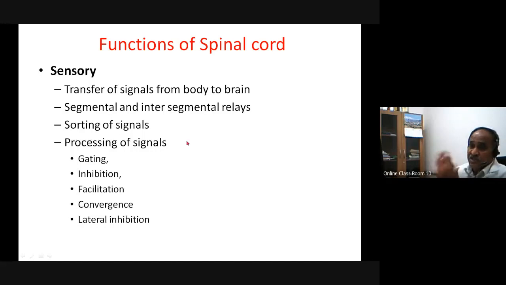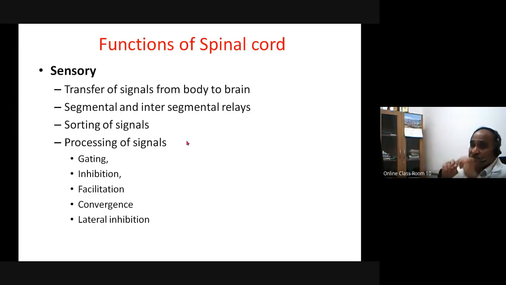What does this processing mean? The processing is first, there will be a convergence, because all these inputs are coming and converge on one target neuron. And this target neuron or projecting neuron, they are all coming there, relaying there, so there's a convergence. And from the target neuron, it either goes to the thalamus or to some part in the reticular system.